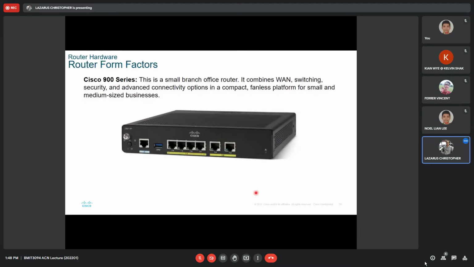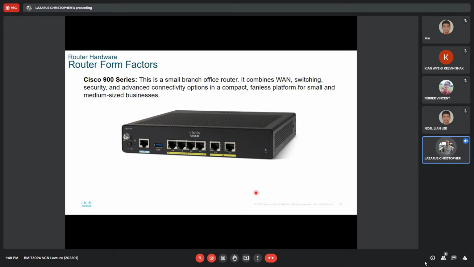Right. Form factors. Form factors are the size of the routers depending on their usage. So if you have a small branch, usually a small form factor router is enough, right?